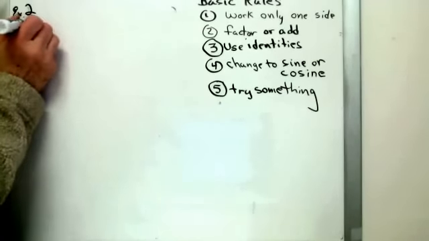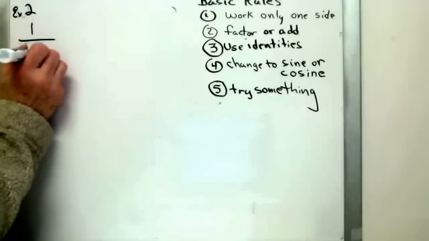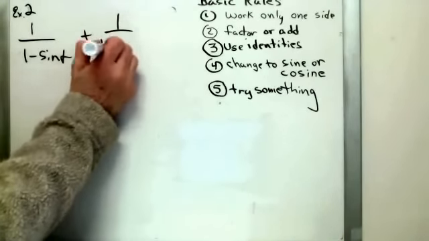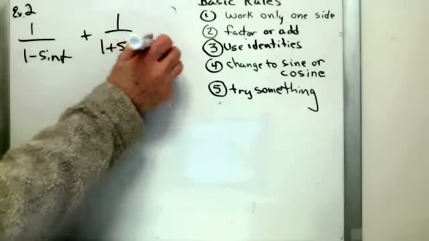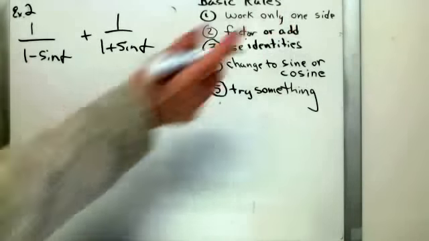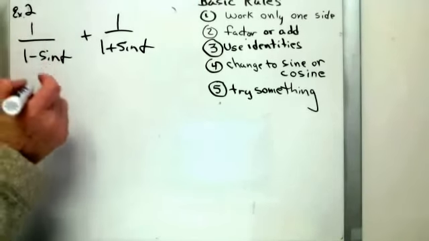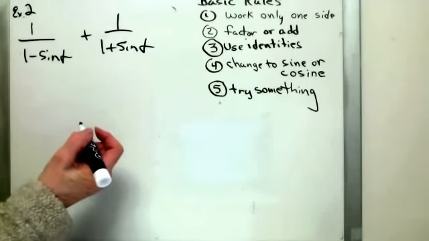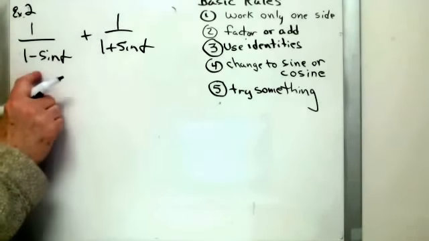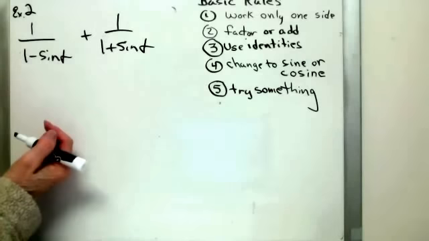So we'll call this example 2. 1 over 1 minus sine alpha plus 1 over 1 plus sine alpha. Well, it's two fractions, right? Let's add and make them be one fraction. That means I need common denominators. Common denominator is both of these, 1 minus sine alpha times 1 plus sine alpha.